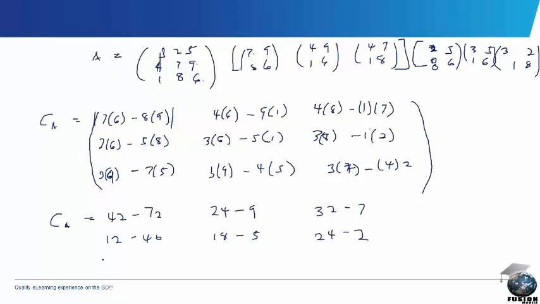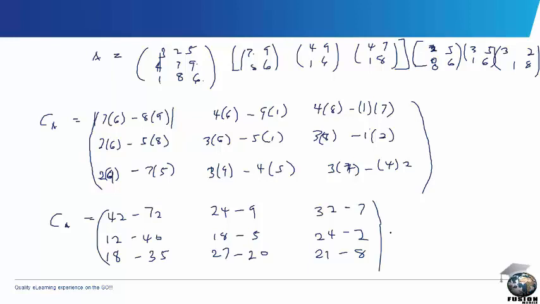Here, if we keep this constant, we have 2 times 9, which is 18, and 2 times 35. Then here we have 3 times 9 as 27, and 4 times 5 as 20, and then 3 times 7 is 21, 4 times 2 is 8.